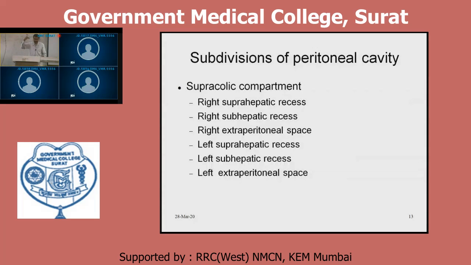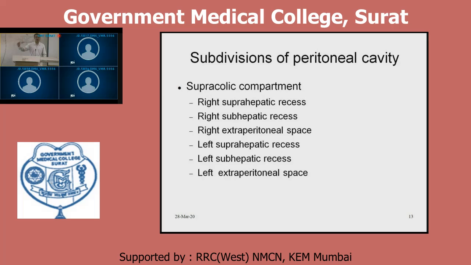Now this reflection, liver to right kidney and right suprarenal gland, is known as the hepatorenal pouch of Morrison, and this recess is also known as the right subhepatic recess.